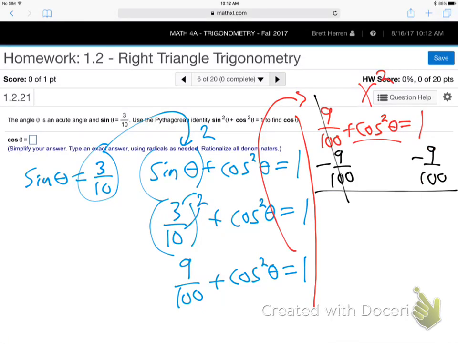So that's gone, and we get cosine squared equals 1 minus 9 over 100. We good so far? Does that make sense? I just subtracted the 9 over 100 from both sides.